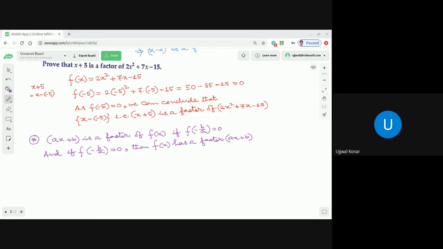So for example, let's take an example. Verify that 2x minus 1 is a factor of 6x squared plus 11x minus 7. So we need to verify this.